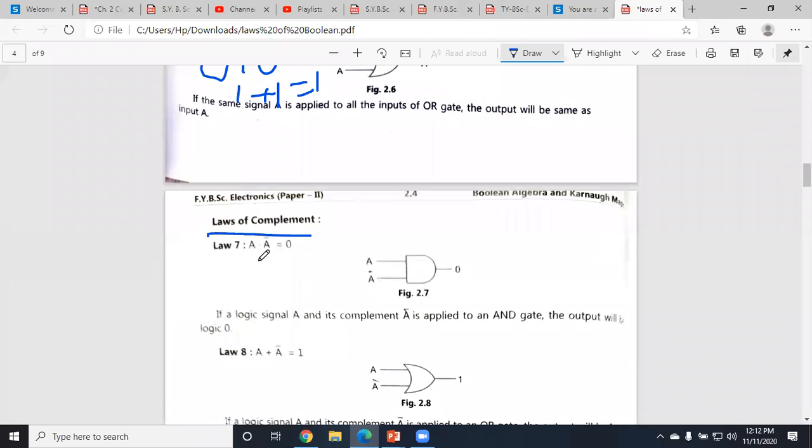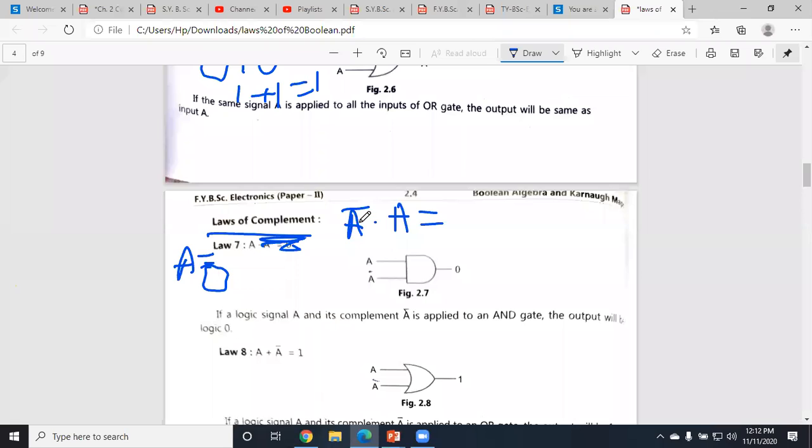Okay. Next one is your law of complement. Now, what is law of complement? First of all, what is complement? It is represented by an over bar, and over bar is nothing but complement. You can call it A bar. A bar dot A, what should be the answer? Consider the values. If I consider A is equal to 0, my initial condition is A is equal to 0.